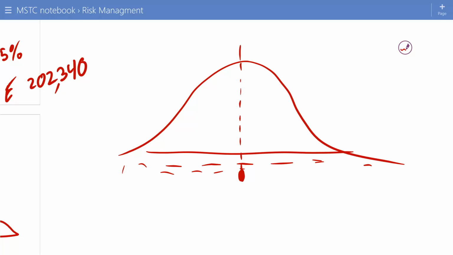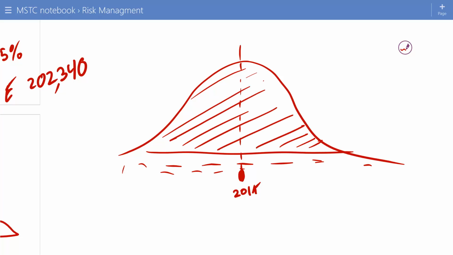In this case, it was about 201,000. When you look at it as a continuum of all of the possible results that can occur, you still have risks or unknowns associated with every value within that bell curve.